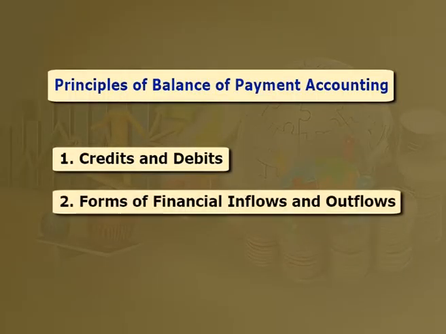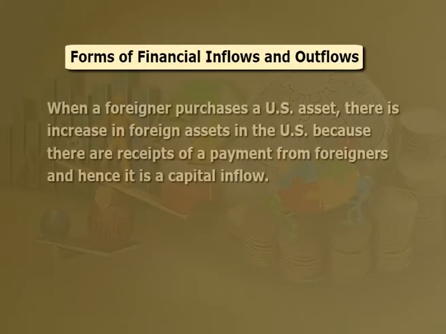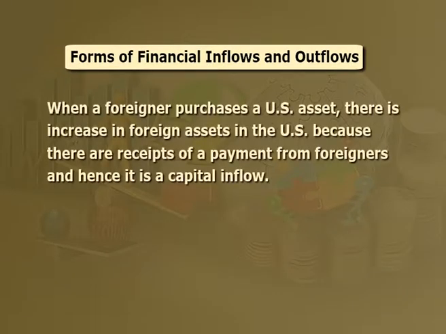Let us throw some light on forms of financial inflows and outflows. An increase of foreign assets in the nation or a reduction in the nation's assets abroad are the two forms of capital inflows. When a foreigner purchases a US asset, there is an increase in foreign assets in the US because there are receipts of payment from foreigners, and hence it is a capital inflow.